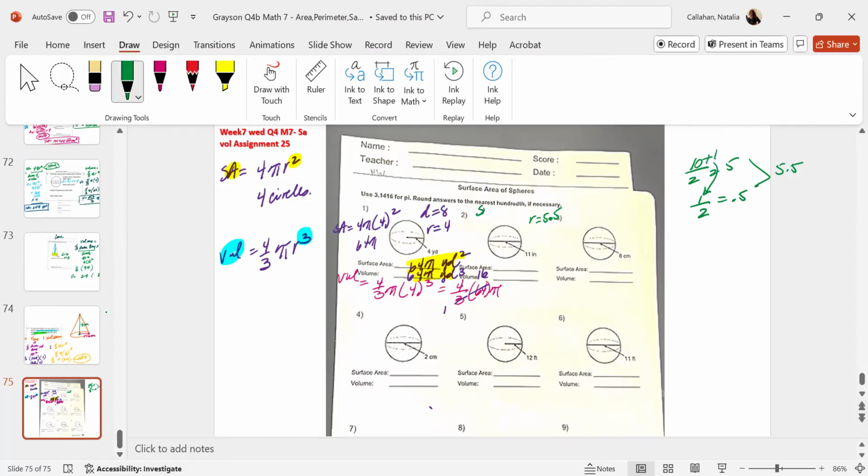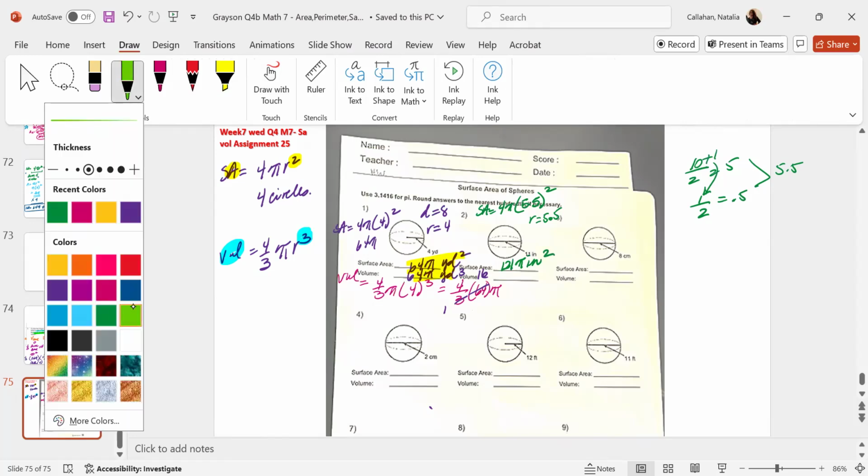Number 2, surface area, 4 pi times 5.5 squared. Multiply it out, please, and then use a calculator. 121 pi inches squared. That is your surface area.